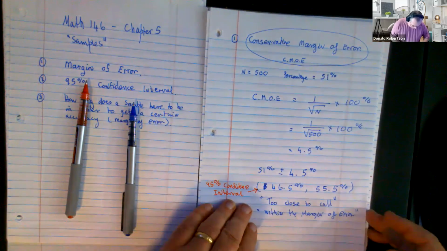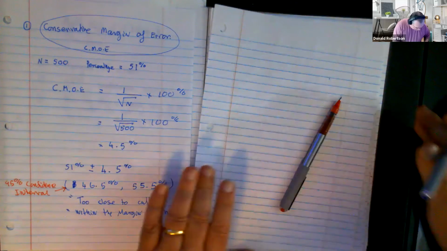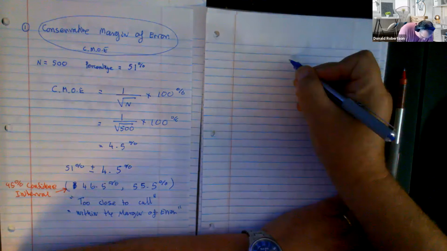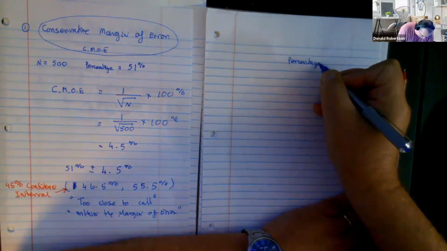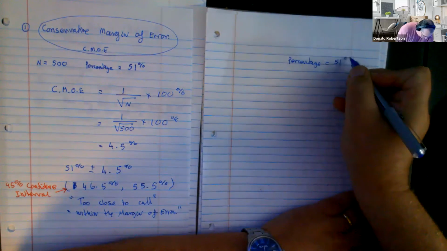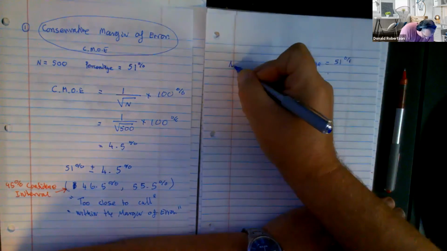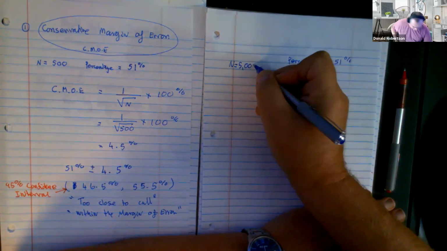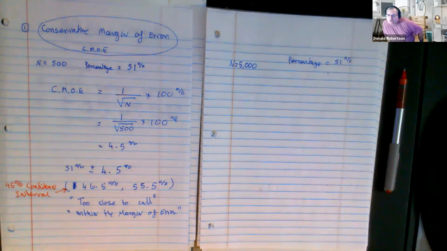So let's have another election in an equally small town, and candidate A also got 51%, but this time the sample was 5,000. If you ask 5,000 people in a sample, do you think you should get a more accurate prediction?